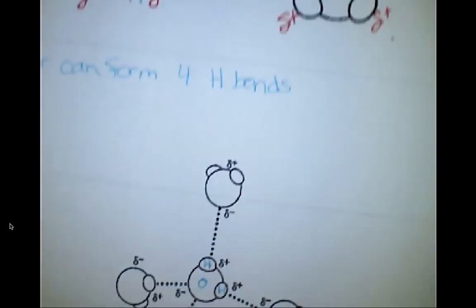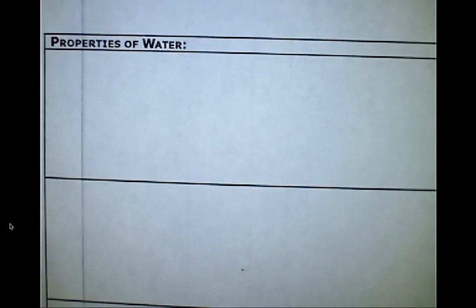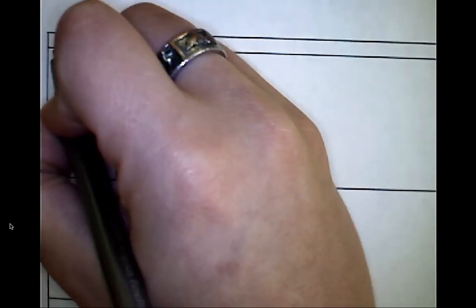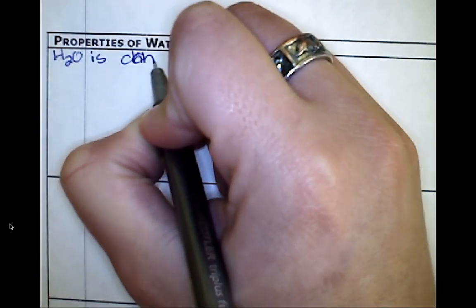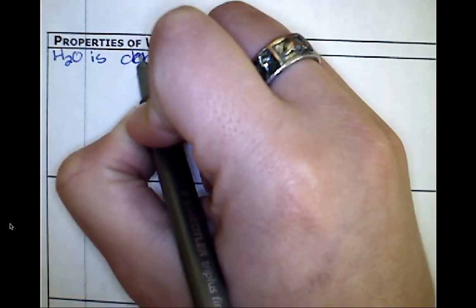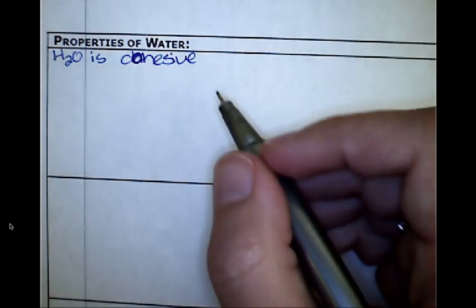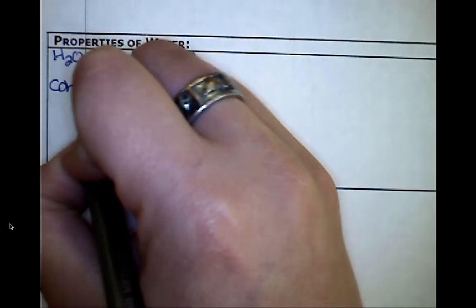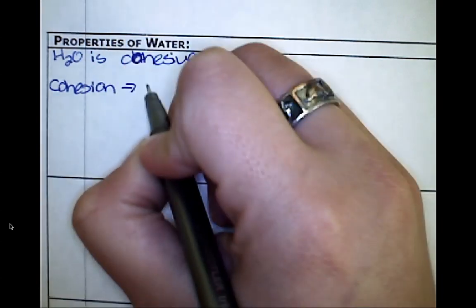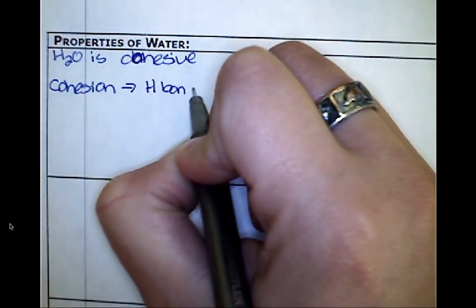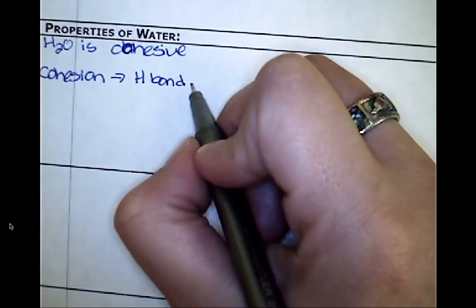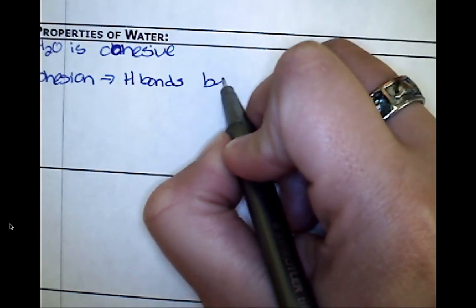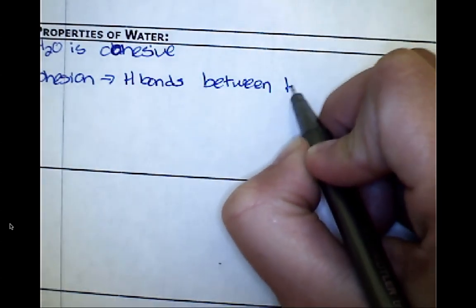And so let's look at some of the properties of water. We're going to explore these in lab. The first one is that water is what we call cohesive. And so cohesion, let's define what that term means, is because of the hydrogen bonds between water molecules.